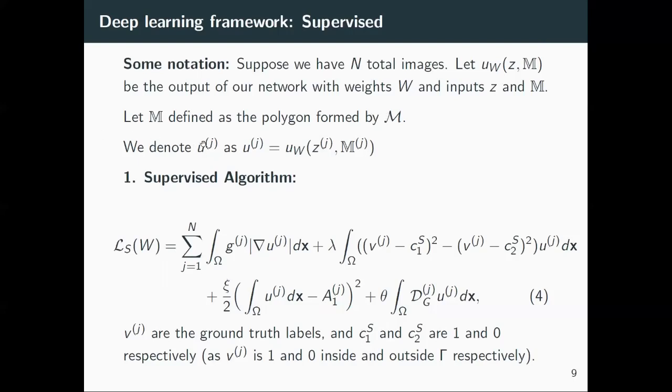Just shorthand, U_j means the j-th output with the j-th inputs. We can put this into three frameworks: supervised, semi-supervised, and unsupervised.